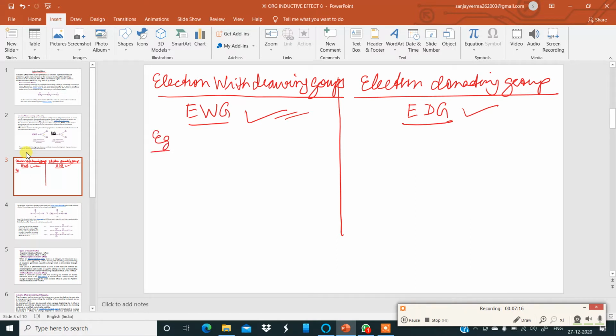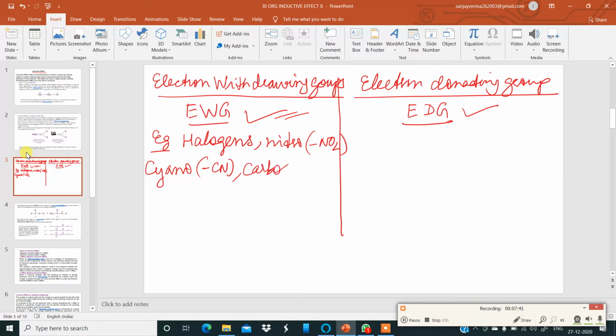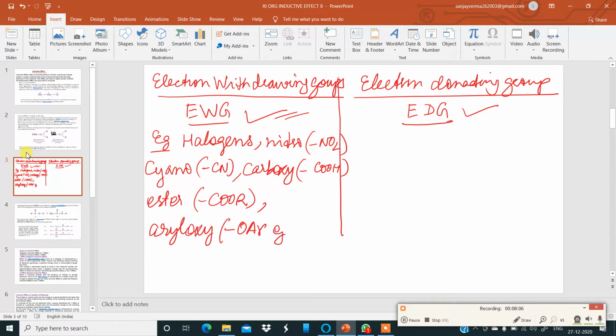Examples of electron withdrawing groups are halogens, then nitro, NO2, then cyano, CN, then carboxy, COOH, then ester, COOR, where R is an alkyl group, then aryloxy, OAr, for example OC6H5.